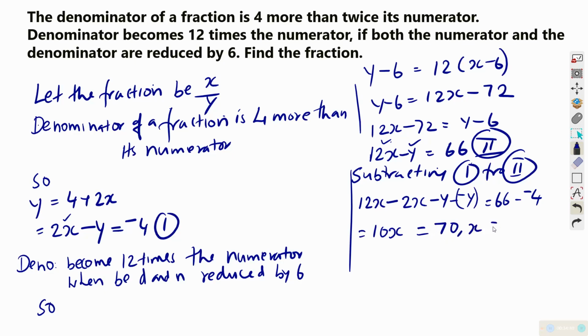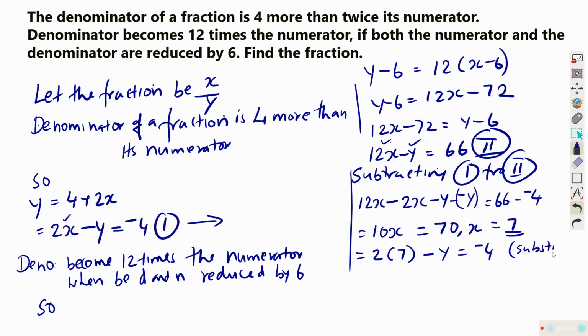So we got x. We can substitute x in the first equation, 2x minus y. What is the first equation? First equation is here. We will substitute there. 2 into 7 minus y is equal to minus 4. That means 14 minus y is equal to minus 4.